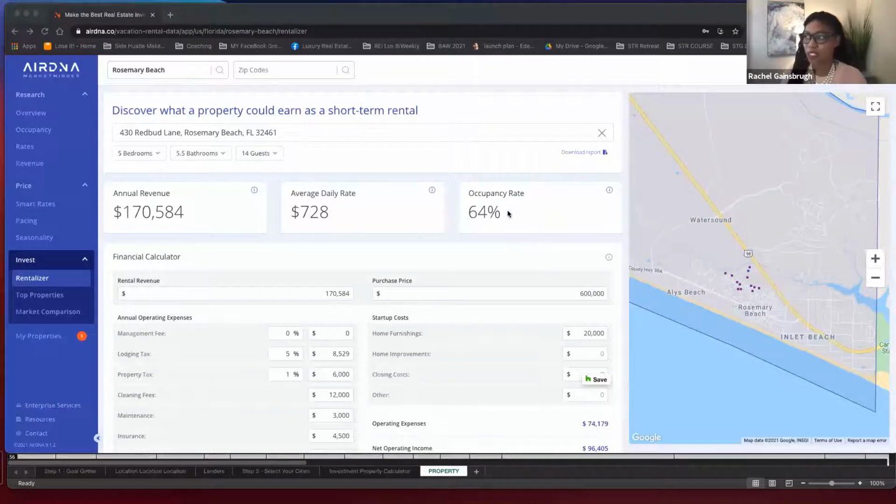So what's great about vacation rentals, you're allowed to have 1 vacation rental per market. So we have one in the Rosemary Beach, Panama City Beach area. We're starting another construction in the Smoky Mountains.